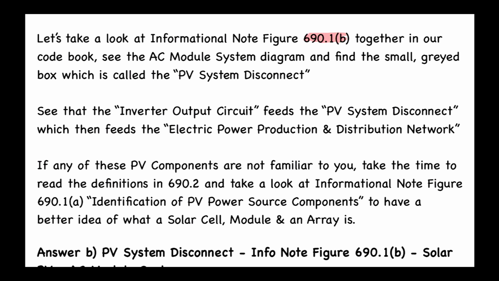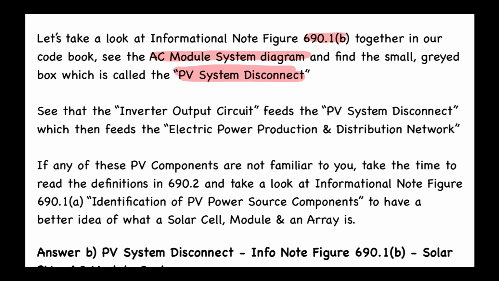And in our code book, we see the AC module system diagram, and that's what we just looked at just now. And find the small gray box, which is called the PV system disconnect. And again, that's what we just saw. See that the inverter output circuit feeds the PV system disconnect, which then feeds the electric power production and distribution network.